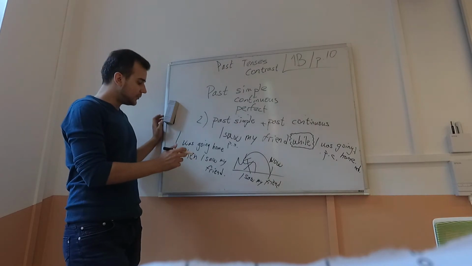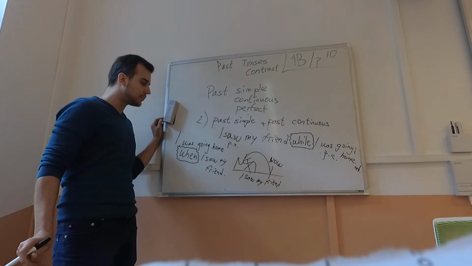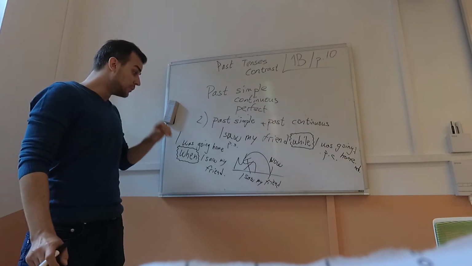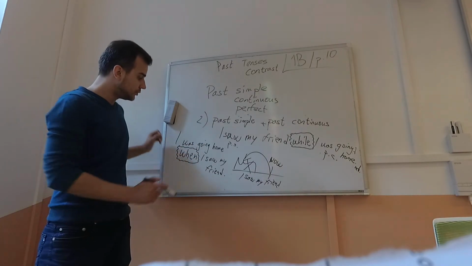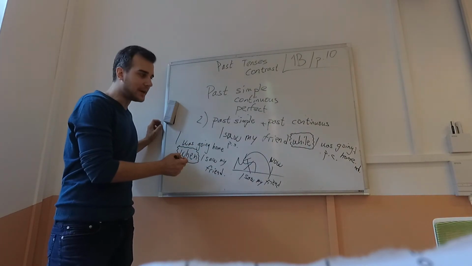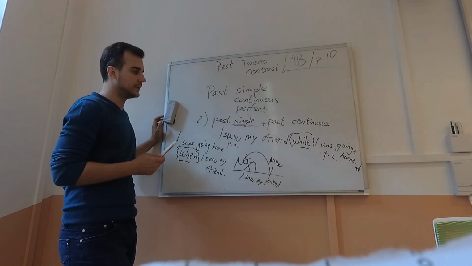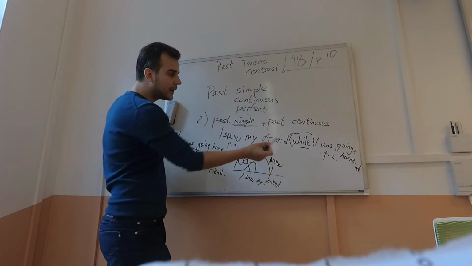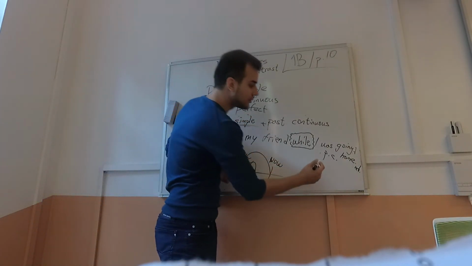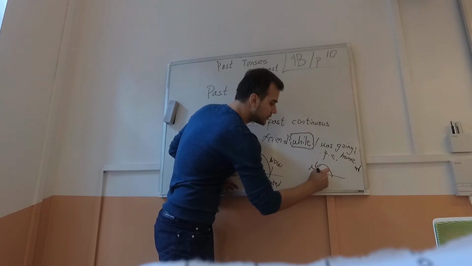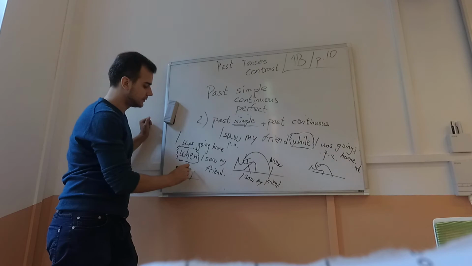The only thing that differs here is the conjunction. Ta spojka tady, která má spojit dvě věty, bude jiná. If you want to tell me the one-time action that will come later, then you should use when. This is for one-time action. This is for the simple. Alright? For past simple in our situation. And while is for describing the process. So after while, I use continuous, and after when, I use the one-time action.